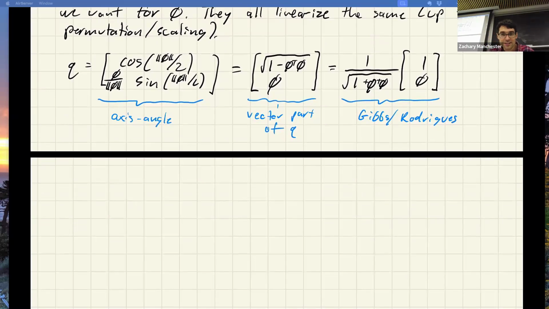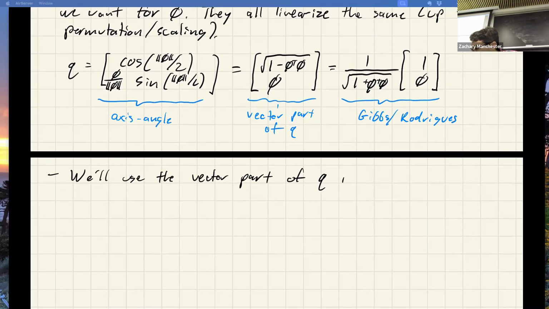For us, just for consistency, we're going to use the vector part of Q. It's easy and less work. It doesn't really matter. But these Gibbs vectors also have some nice things about them.